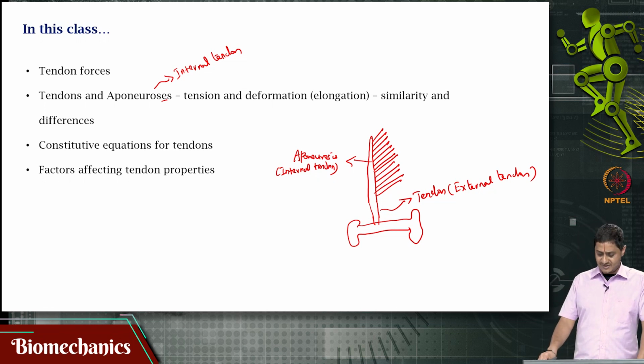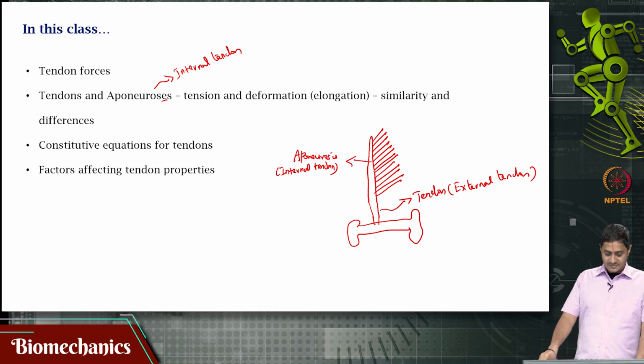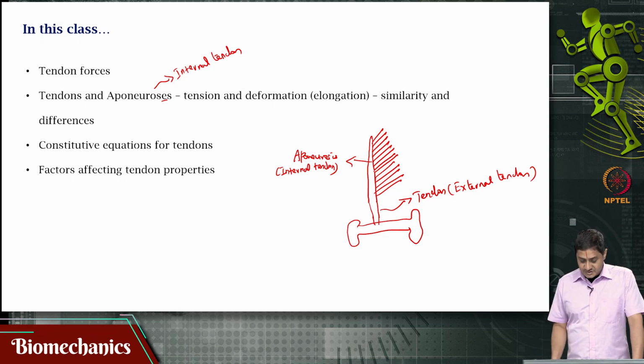So that's such an efficient arrangement. You want to have only as much tissue to support the force but not more. A very efficient arrangement. So we will discuss the similarity or dissimilarity between an aponeurosis and tendons in the tension and deformation or elongation.